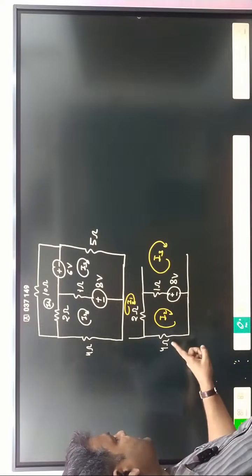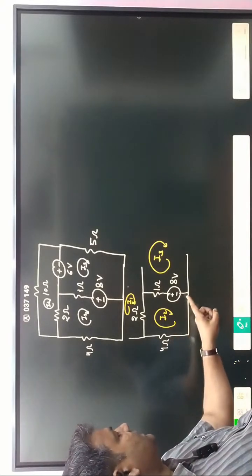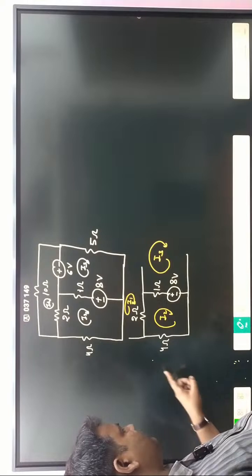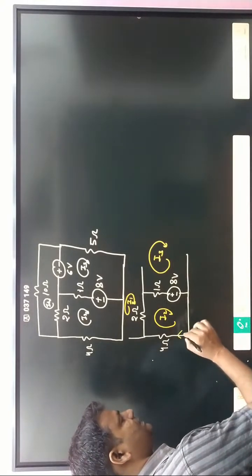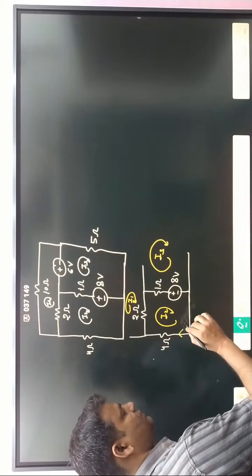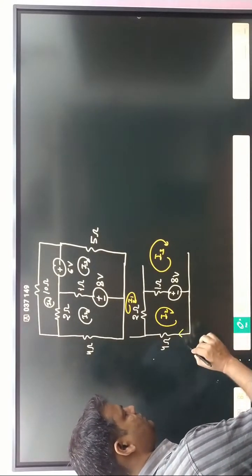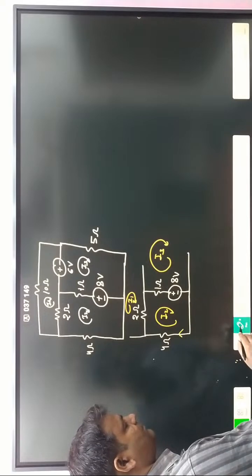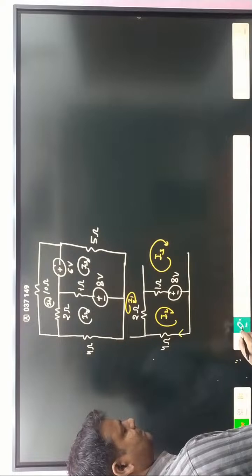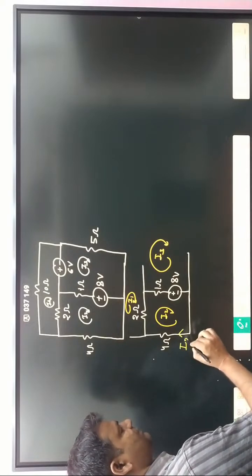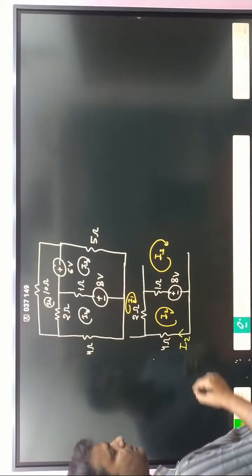If you see very carefully, no other loop current is available here, so loop current and branch current are the same. So here that is I2 current. Okay, clear?